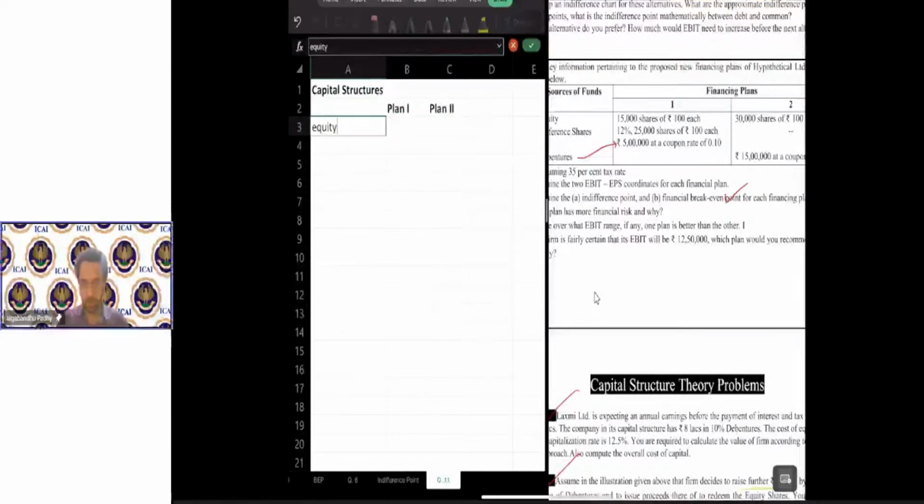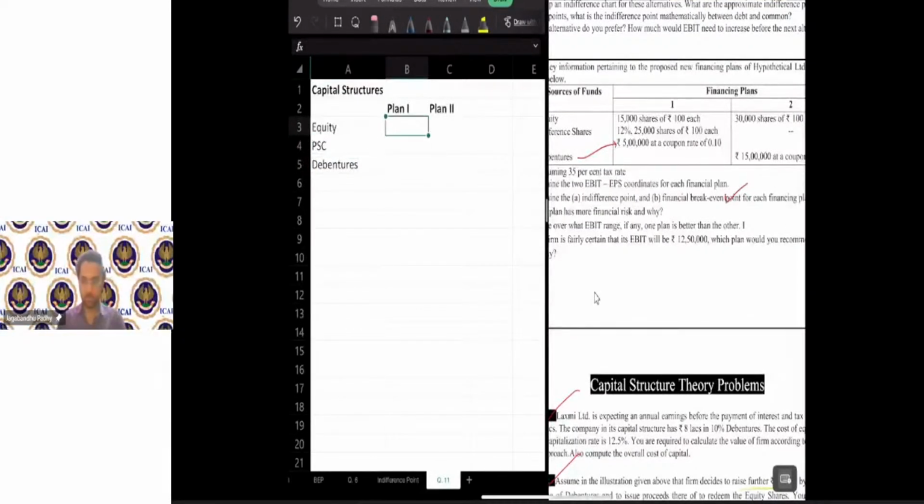We have the equity, preference share capital, and debentures. So equity is going to be 15,000 into 100, and 30,000 into 100.